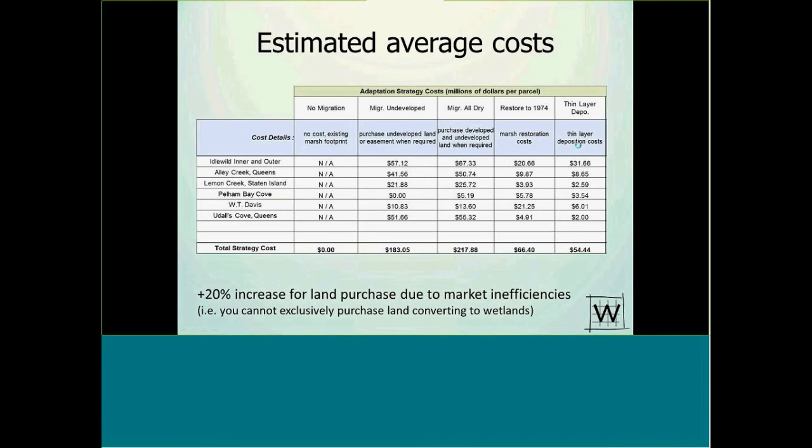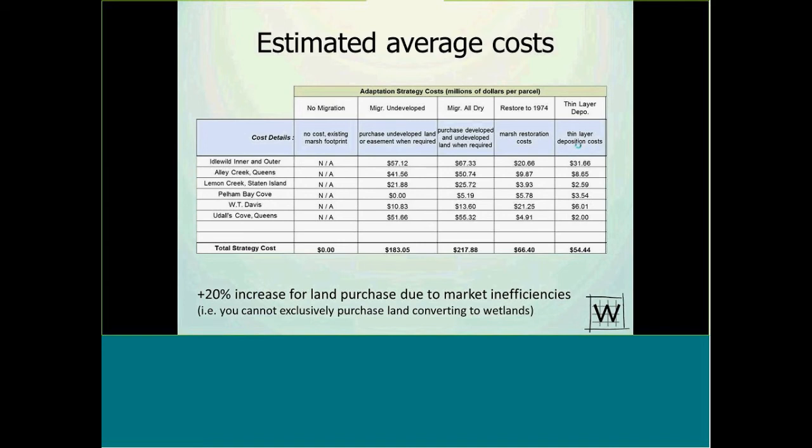Then we also, this is a key component of this, and we did, I would say, with the help of New York City Parks, a moderately intense effort to estimate the average cost. So what we haven't done is gone site-specific and looked at the value of each parcel that was on those sites.